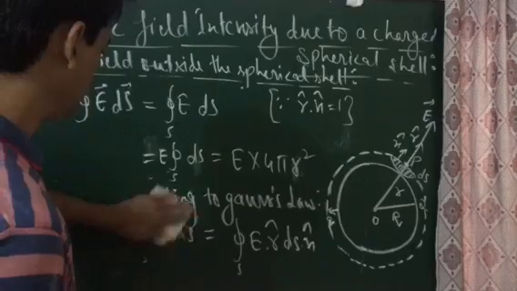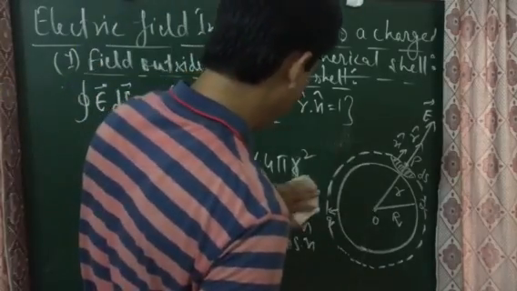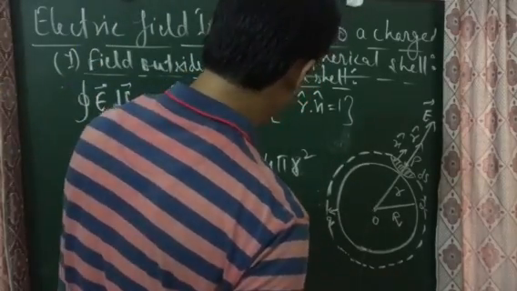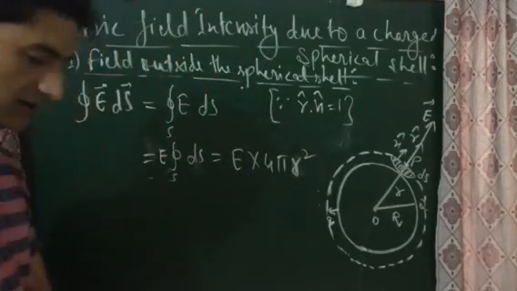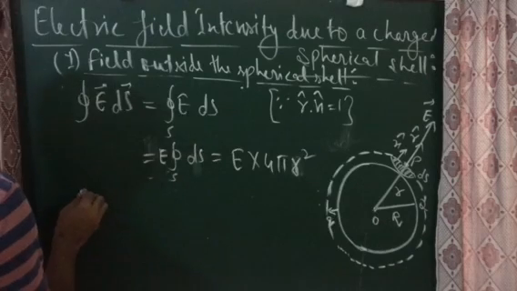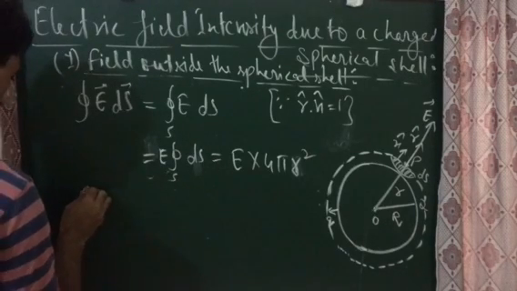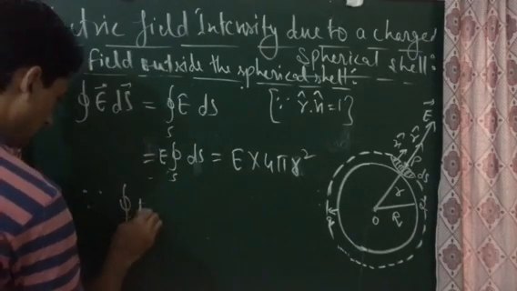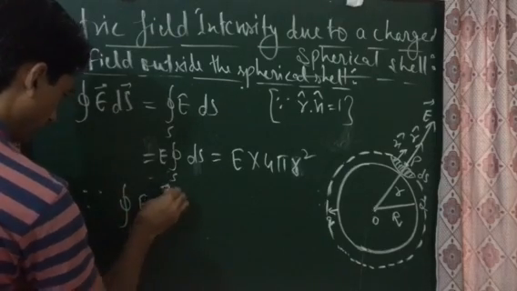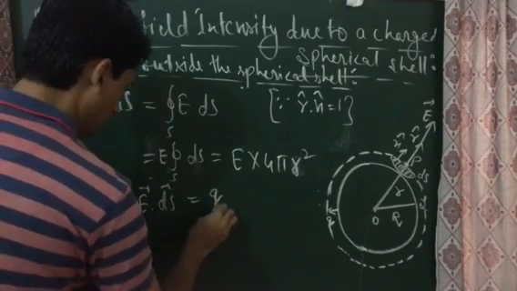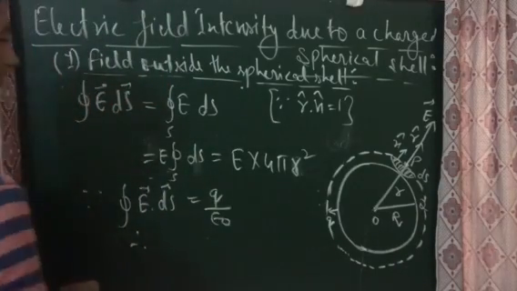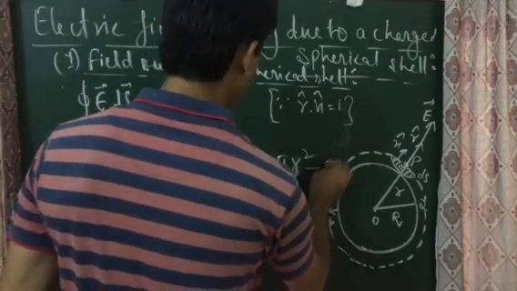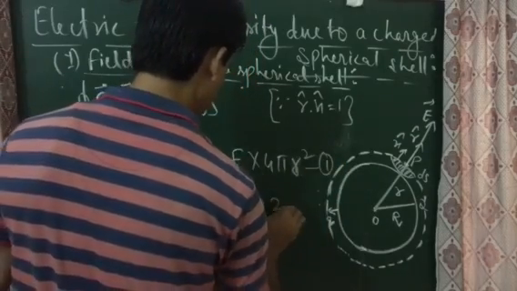So now also from Gauss theorem you know that the closed surface integral of E ds is equal to Q upon epsilon naught. Let it be equation number 1 and this is 2.